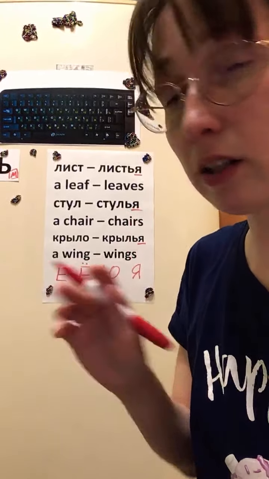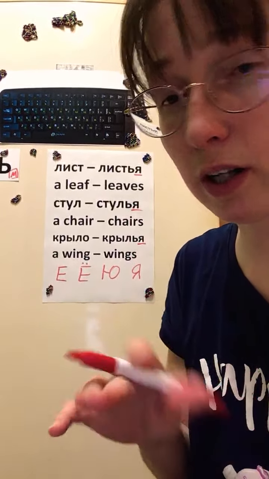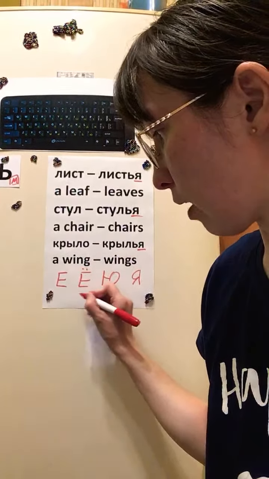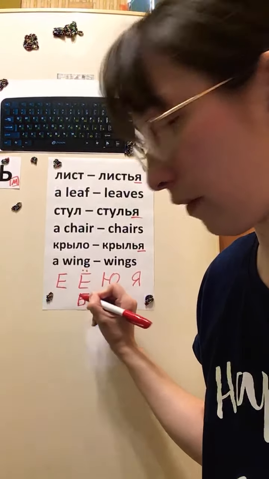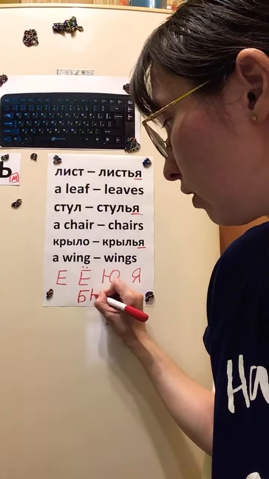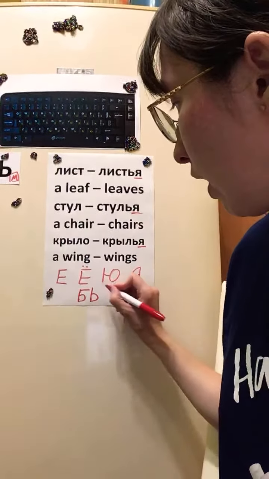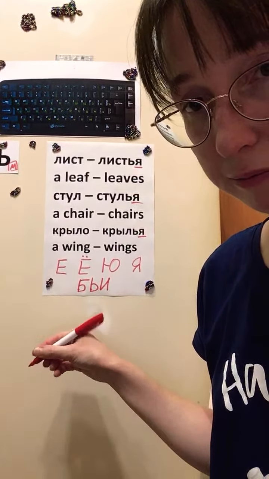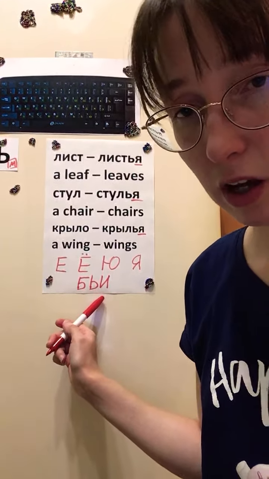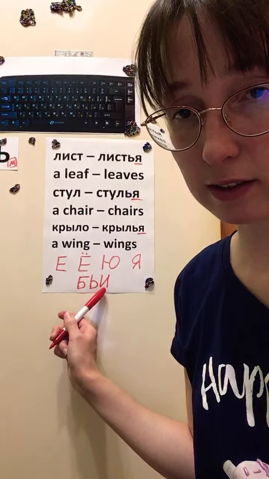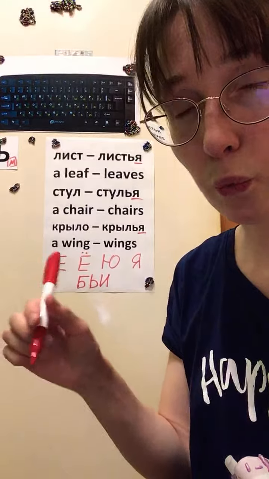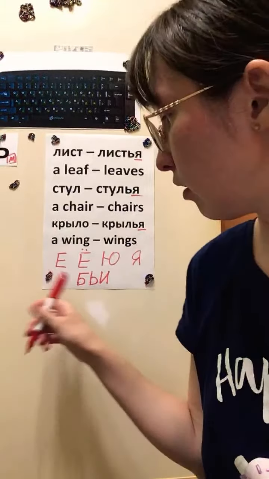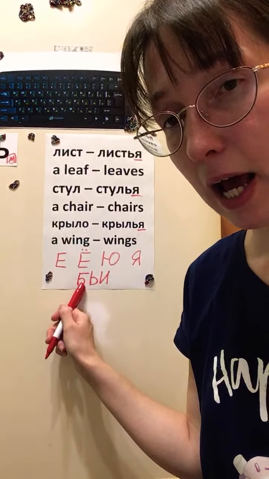Also, sometimes you can see the words with a consonant, for example, this letter B, then the soft sign, and then a letter E. Then we pronounce this sound and we add a sound Y before E. Listen.